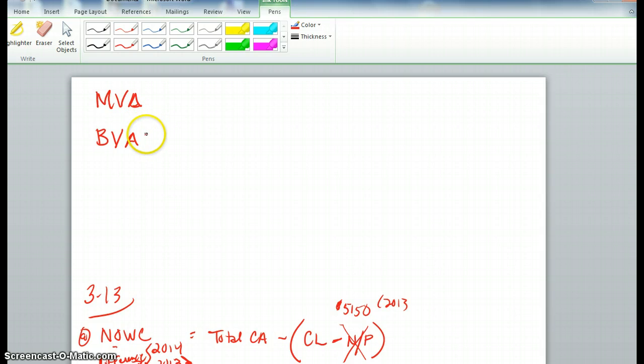Well, I guess I don't need to talk about the number of shares at this point, but the book value of equity is just your total stockholders' equity.